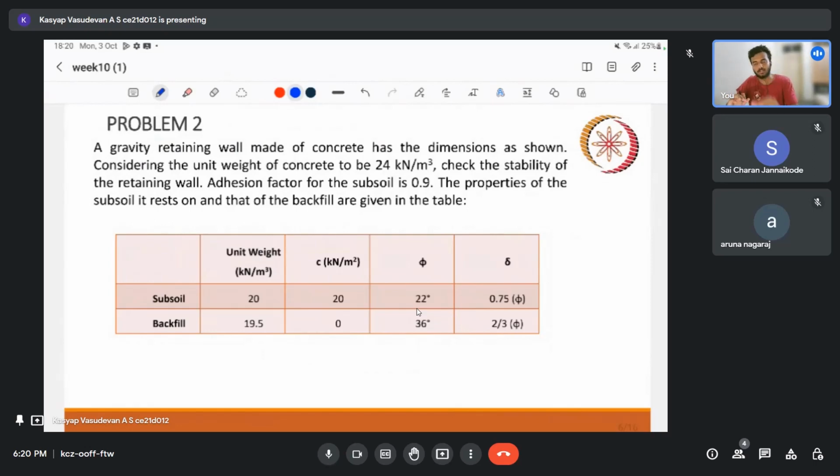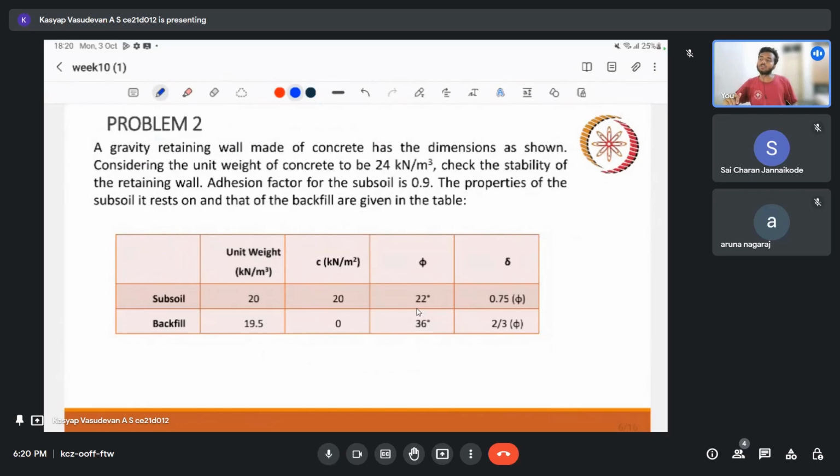So that is the safety against overturning. And we have sliding. If the base is weak, and the horizontal force due to lateral earth pressure exceeds the lateral resistance at the base provided by the soil, it will cause sliding. So what is the factor of safety against sliding?